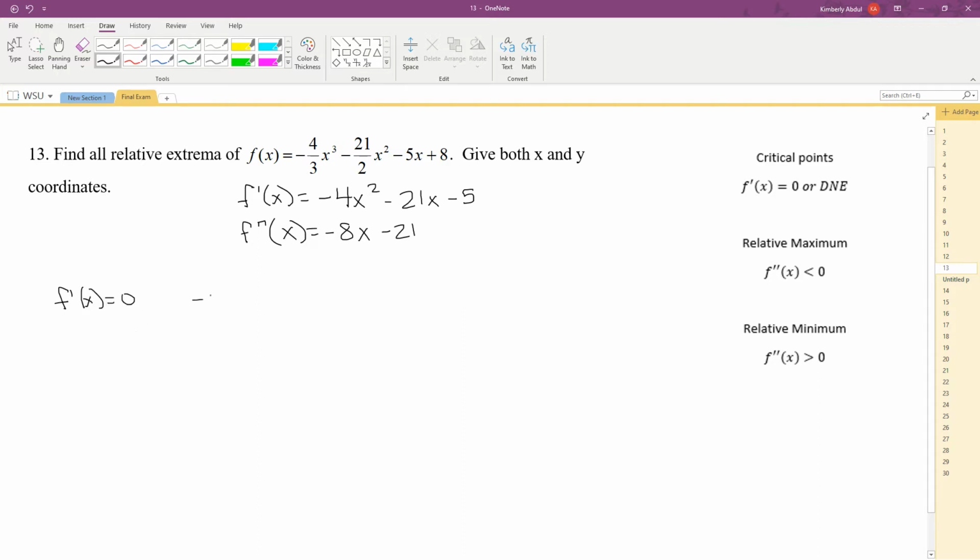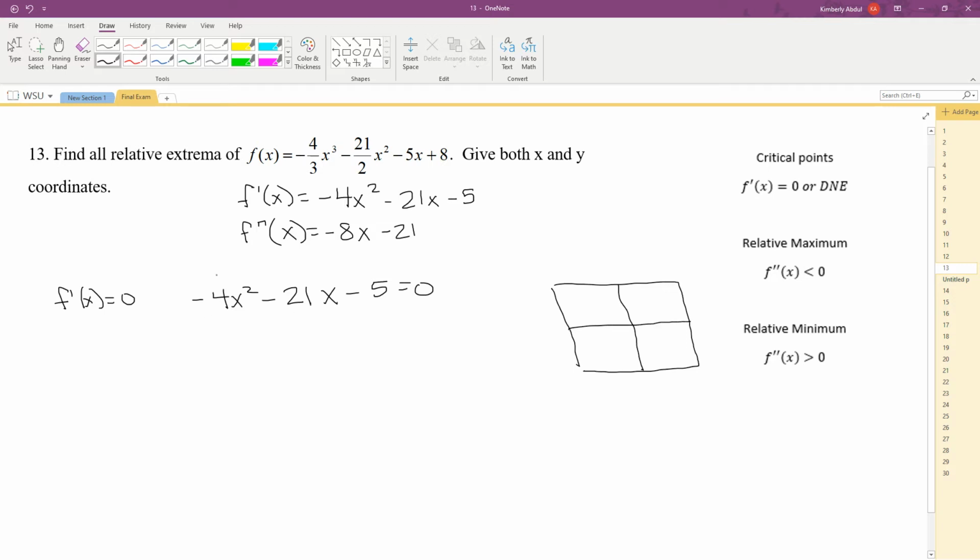So when negative 4x squared minus 21x minus 5 is equal to 0. One of the ways that we can do this is by factoring. And so I'm going to go ahead and do factoring using the box method.